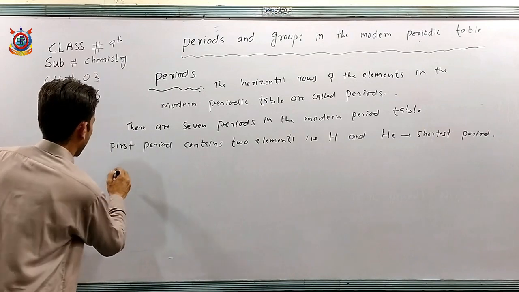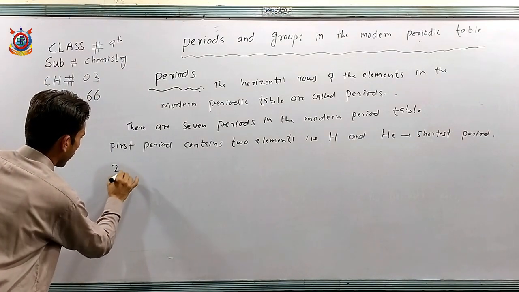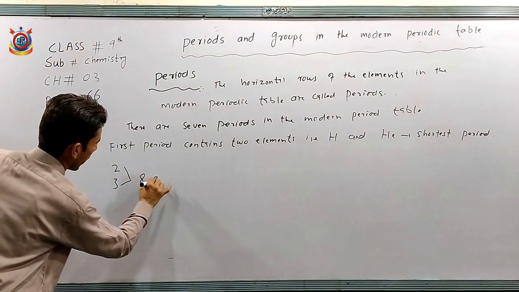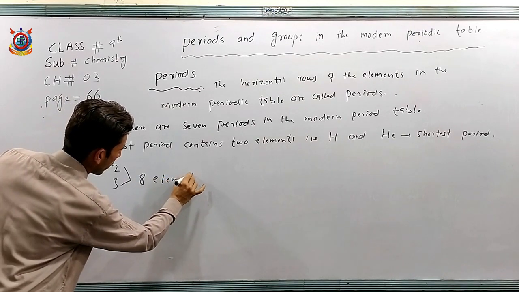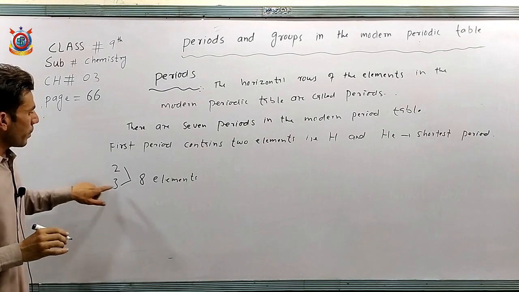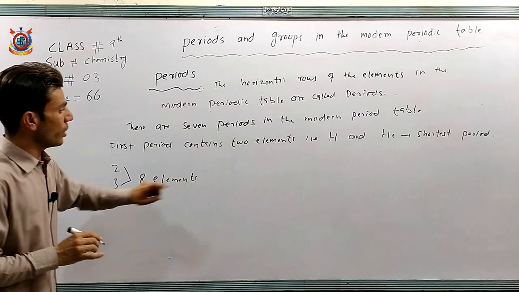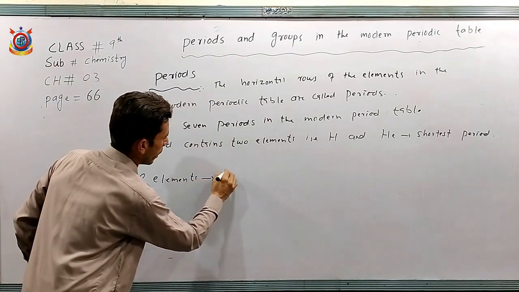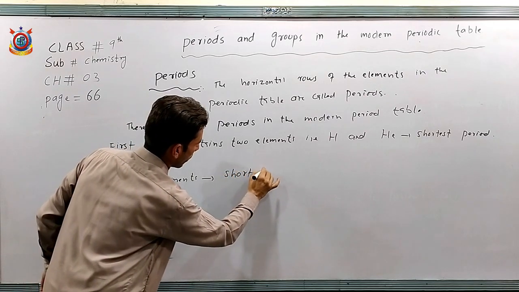Second and third periods contain 8 elements each, and these periods are called short periods of the periodic table.